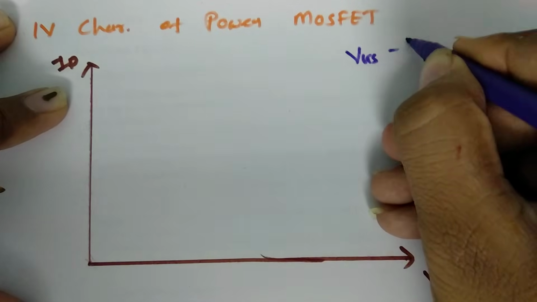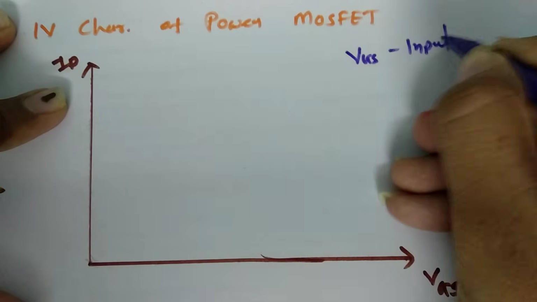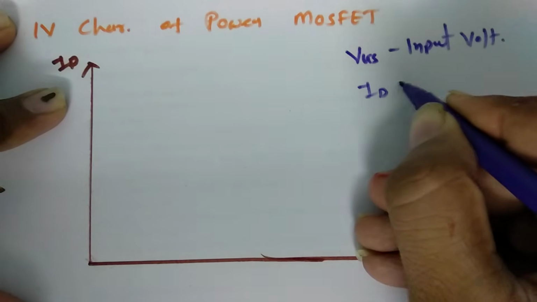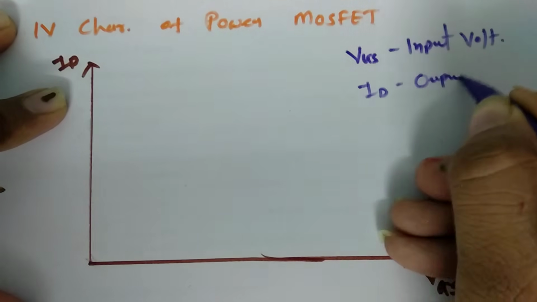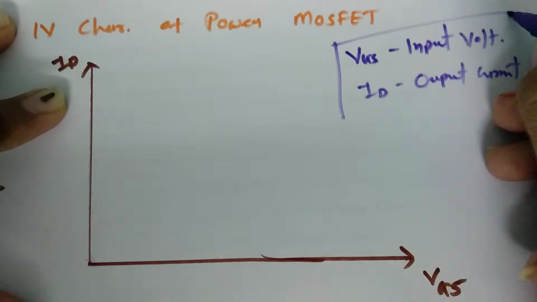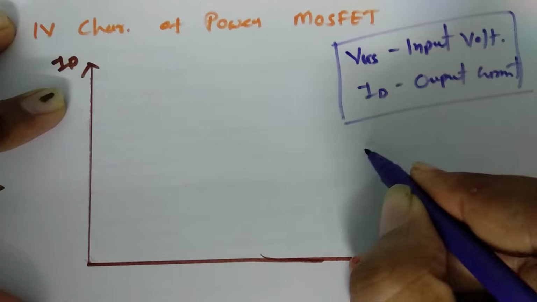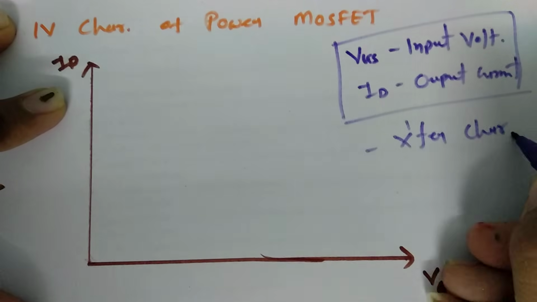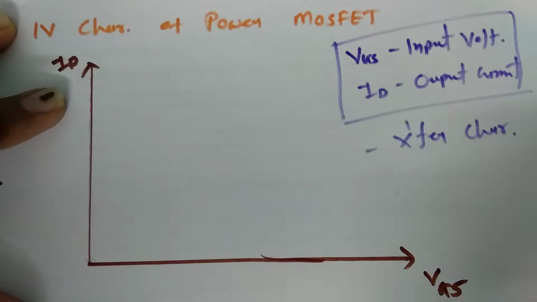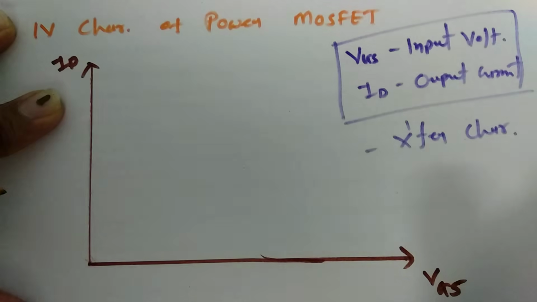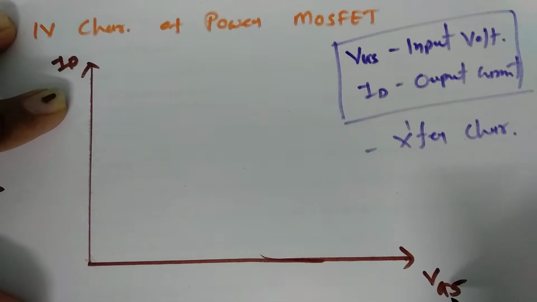VGS is the input voltage and ID is the output current. So ultimately we can say this is the transfer characteristic. In the transfer characteristic, as we increase VGS, current ID will increase.